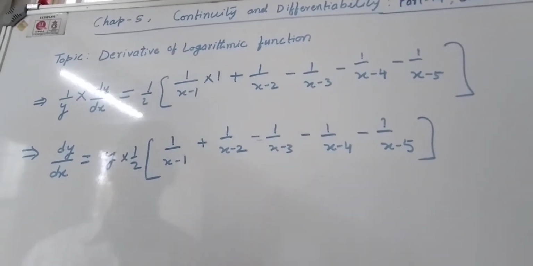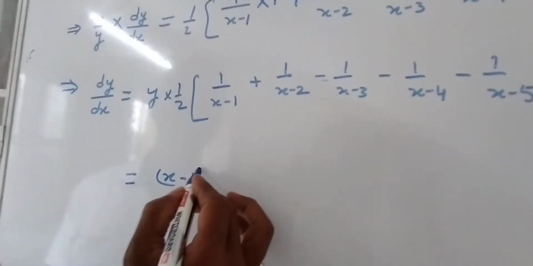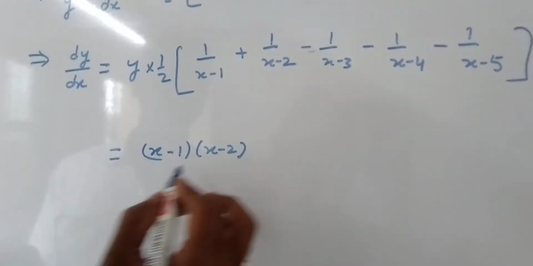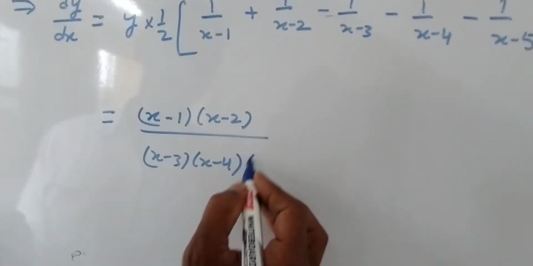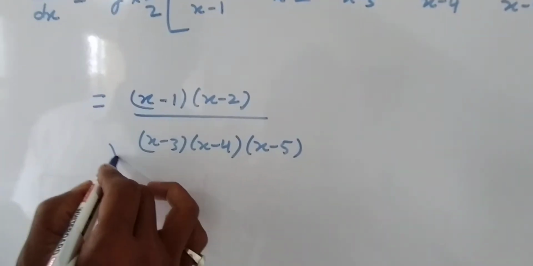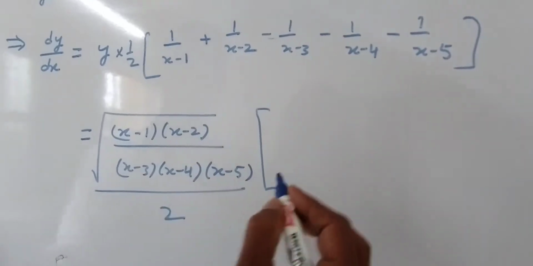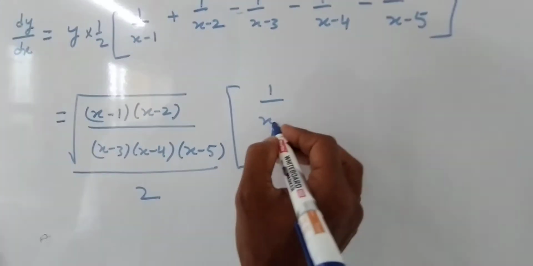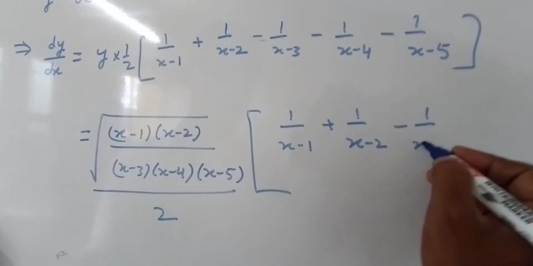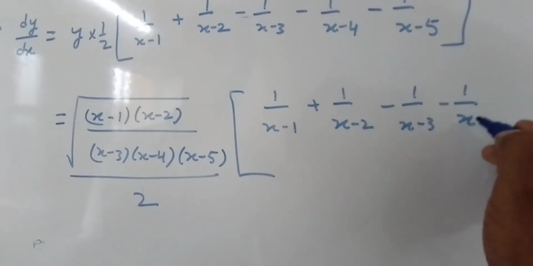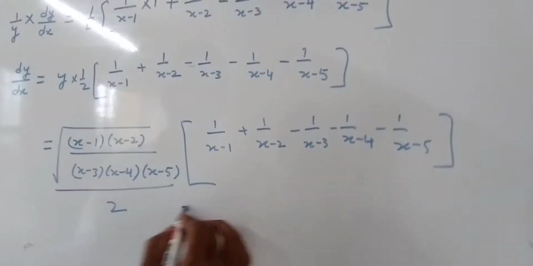So at last you replace it, y equal to under root of x minus 1 x minus 2 by x minus 3 x minus 4 x minus 5, into 1 by 2 and 1 by x minus 1 plus 1 by x minus 2 minus 1 by x minus 3 minus 1 by x minus 4 minus 1 by x minus 5. This is your final answer.